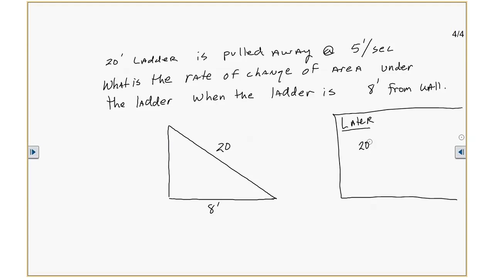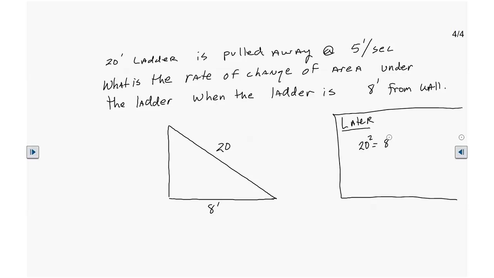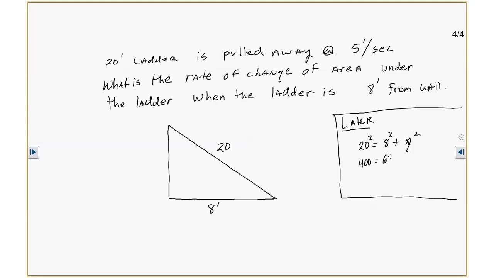20 squared is equal to 8 squared plus x squared, or y squared. And 400 is equal to 64 plus y squared, minus 64. y squared is equal to, what's 400 minus 64? 336, and then take the square root of that.